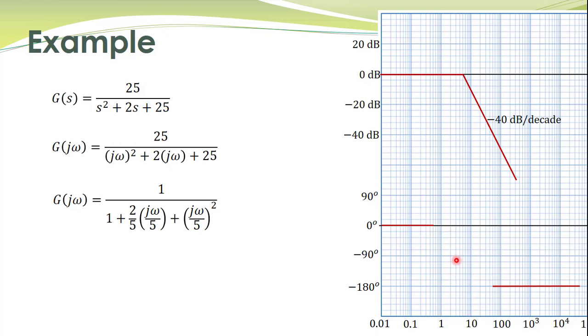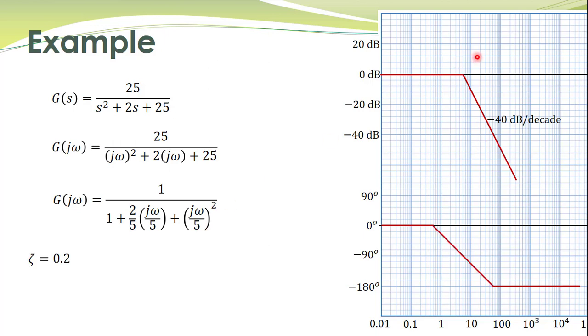So the corner frequency is 5, and here is 0.5. Up to this frequency, the phase angle is 0, and then you indicate the frequency one decade after the corner frequency, and from this frequency onward, the phase angle is minus 180 degrees, and then you join it by a straight line.